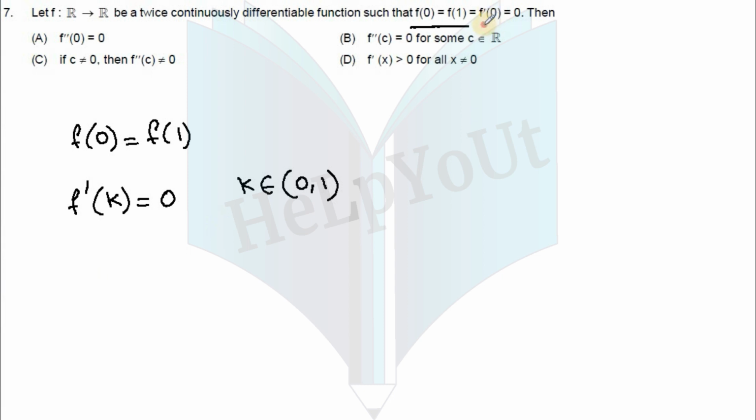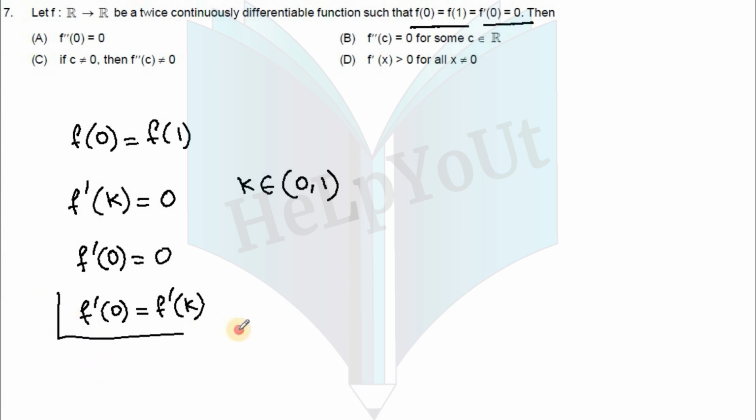Now again we have f dash 0 equals 0. So we get f dash 0 equals f dash k, and f was twice differentiable, that means f dash is differentiable.